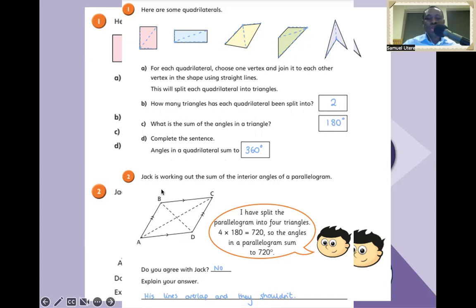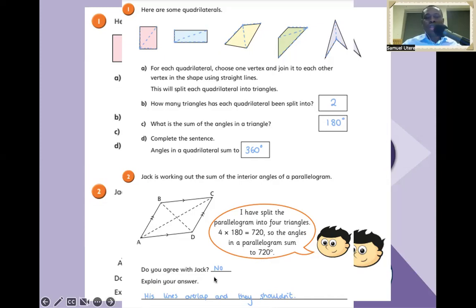For question 2, Jack is working out the sum of the interior angles of a parallelogram. Here, Jack says, I have split the parallelogram into 4 triangles. 4 times 180 degrees equals 720, so the angles in a parallelogram sum to 720 degrees.